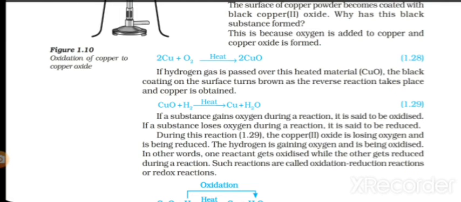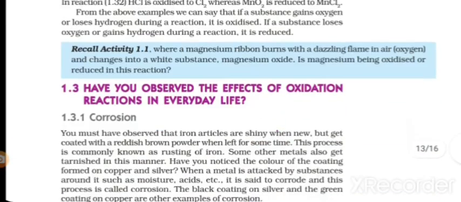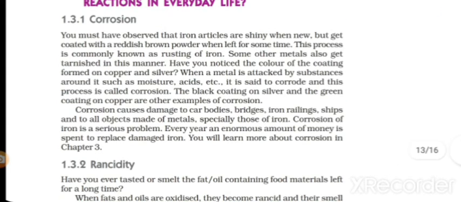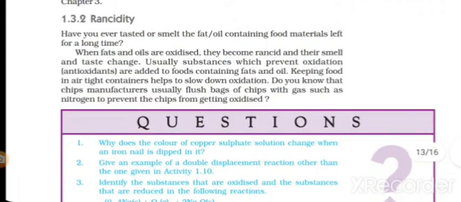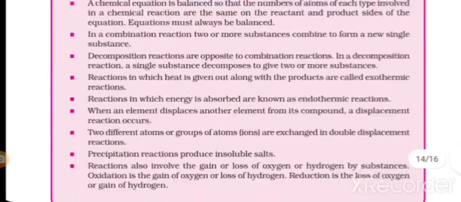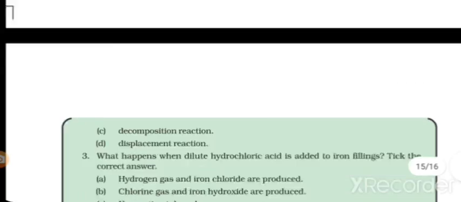Okay. Now, as I had already mentioned, the effects of oxidation reaction in everyday life, what does it cause? Corrosion. Okay. And it also comes with rancidity. Rancidity we will be studying when we go line by line into the chapter.